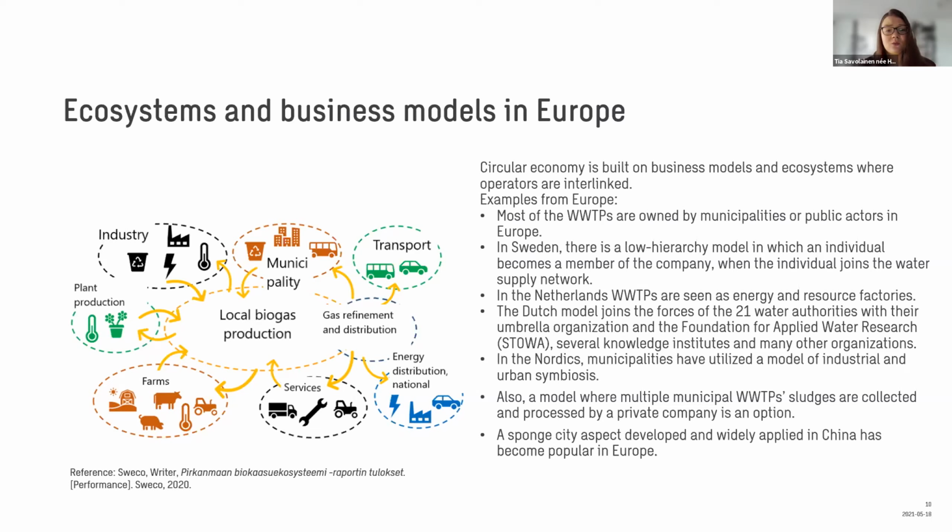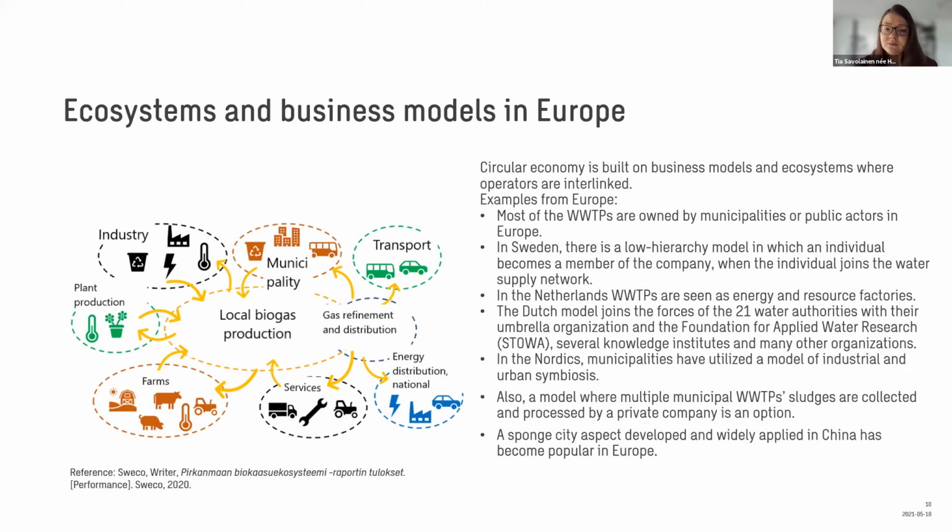In the Dutch model, the water authorities and their umbrella organization, the Foundation for Applied Water Research, and several knowledge institutes and many other organizations are joined together. They support and guide governance and circular economy.